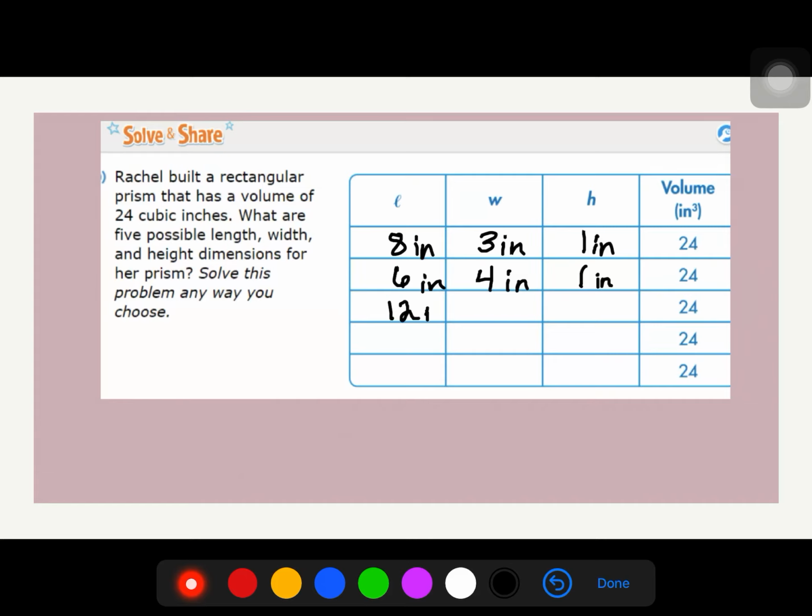Oh, how about another math fact of 24? 12, 2, and 1. Okay, I feel a little cheap using the 1 inch one. So can you come up with one that is not using 1 as one of the factors?